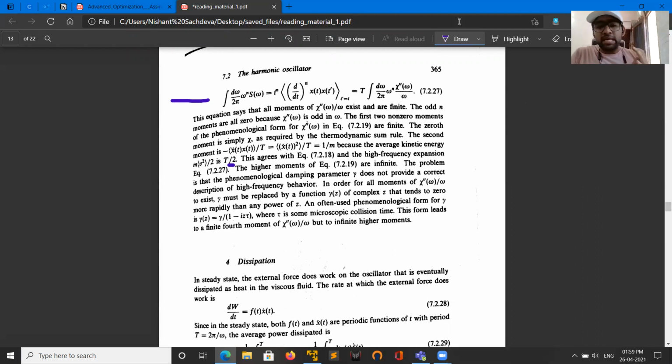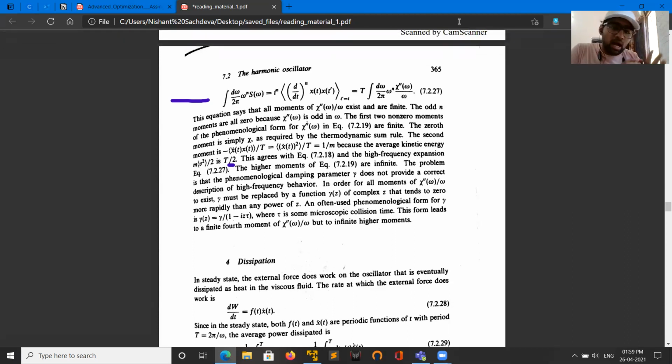So instead of just gamma, we have gamma of z now.